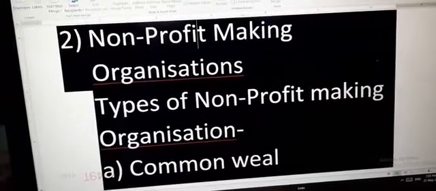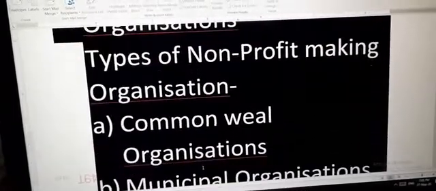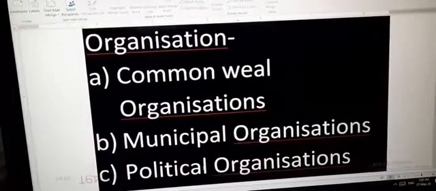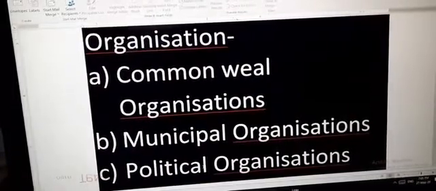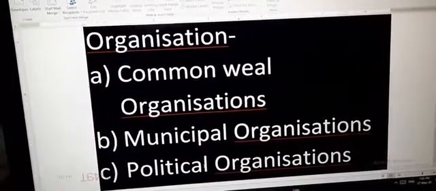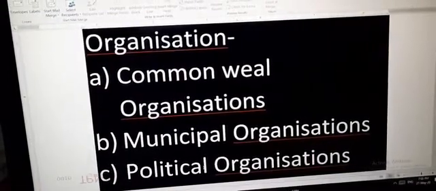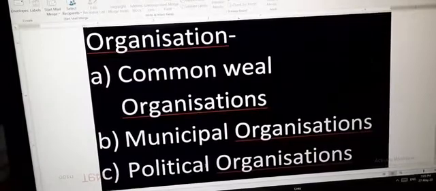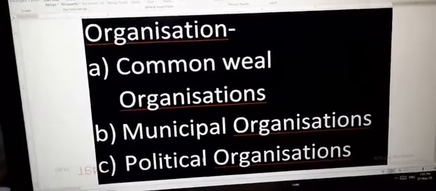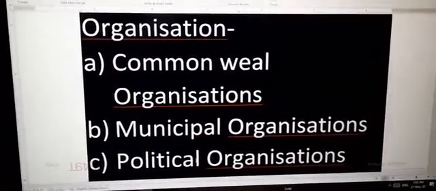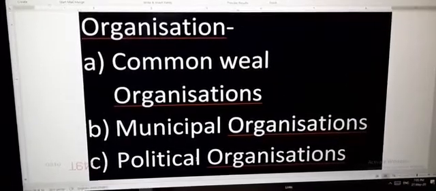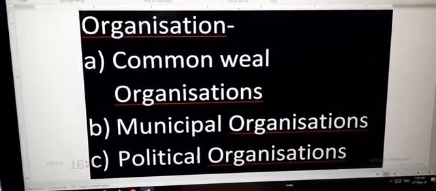Now some different types of non-profit making organizations are, first, Commonweal Organization. Commonweal Organization means these organizations are formed for the benefit of the society as a whole. Police service, fire service, defense service, these are all examples of Commonweal Organization, because in this organization they serve the society as a whole.